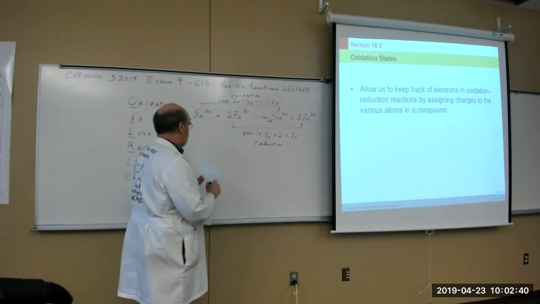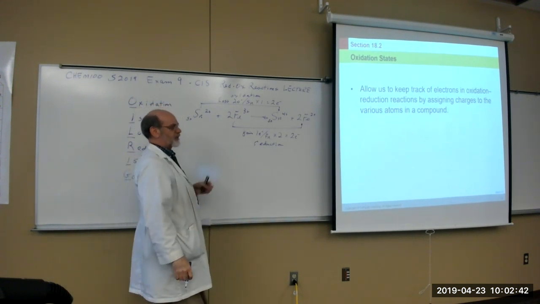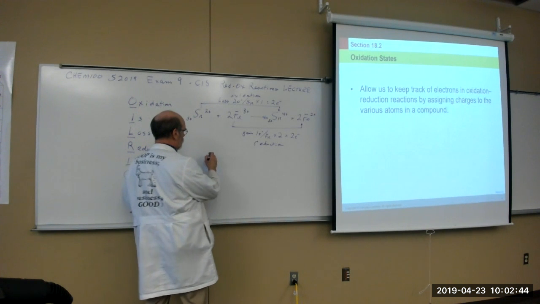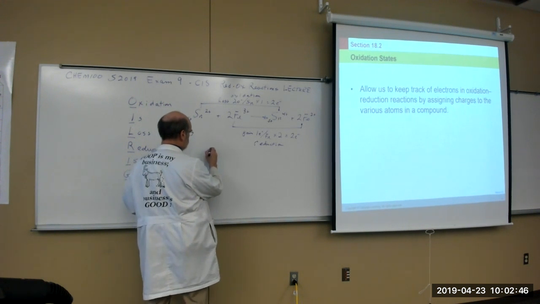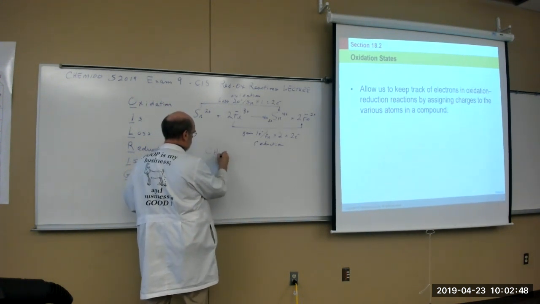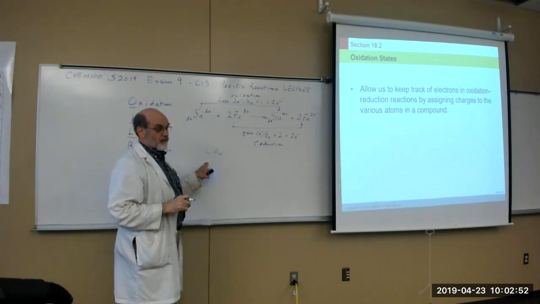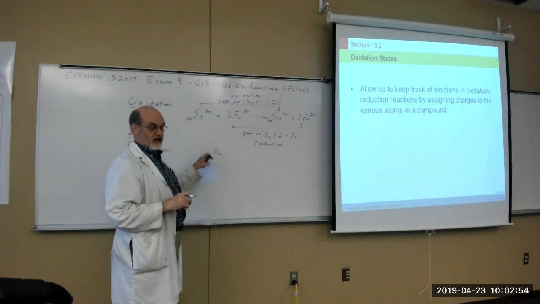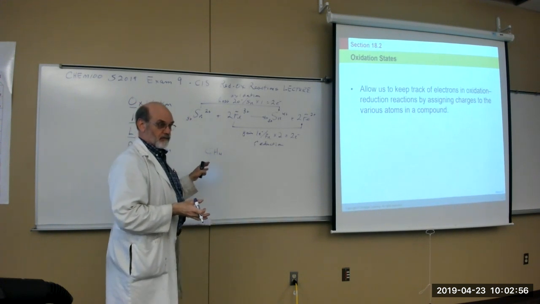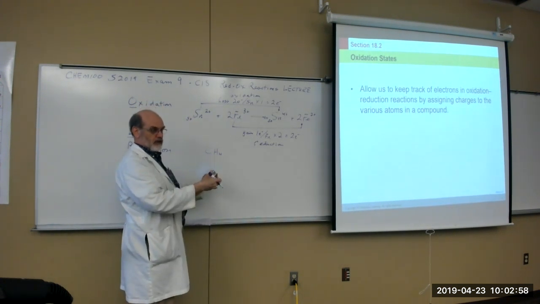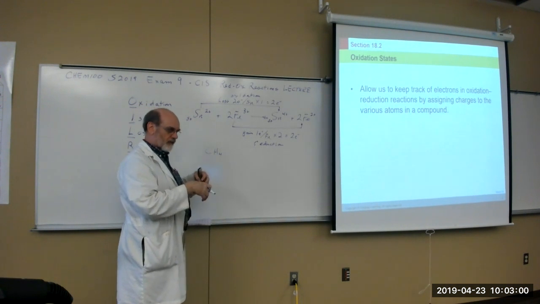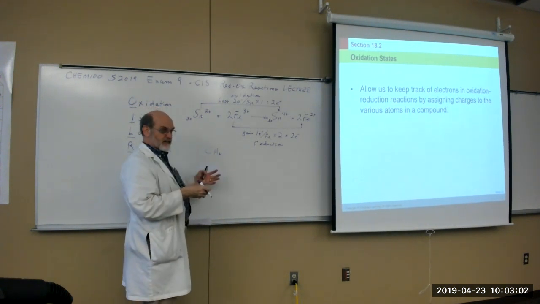It doesn't mean that, let's think of an example. How about this one? Methane. Methane is not an ionic compound, so we can't say that these are ions attached to one another. But we still use the oxidation reduction process, or oxidation state.